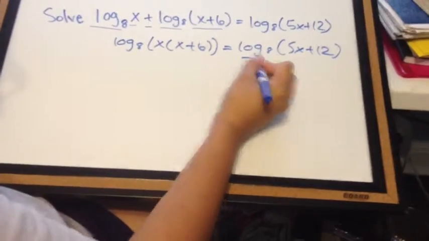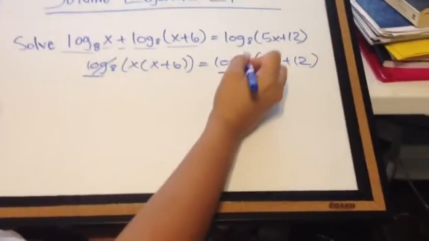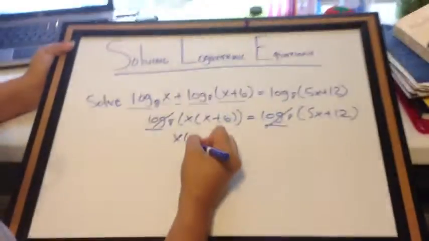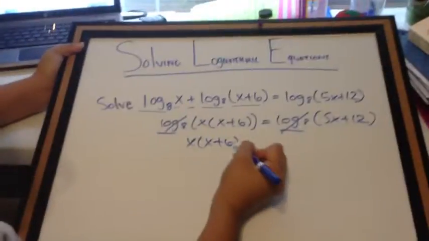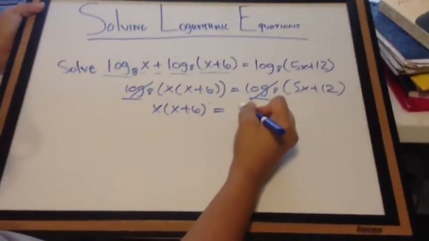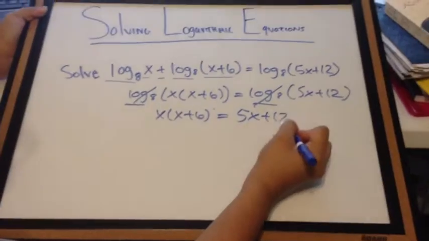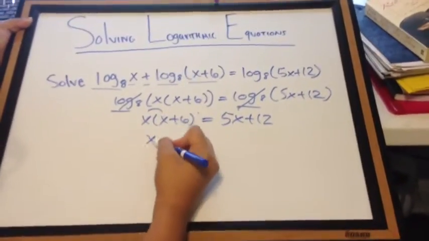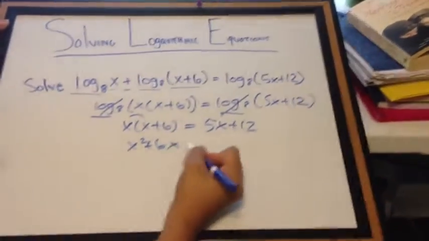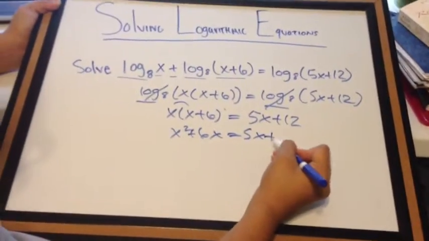And since the bases are equal to each other, we can drop them. So it would be x times x plus 6 equals 5x plus 12. We distribute this x, so it's x squared plus 6x equals 5x plus 12.